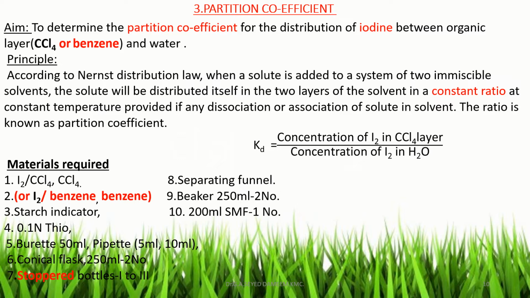If CCl4 is not used due to its high cost, benzene may be used. That is, iodine in CCl4 and CCl4 as solvent, or if you use benzene as solvent, then iodine in benzene and benzene are required.